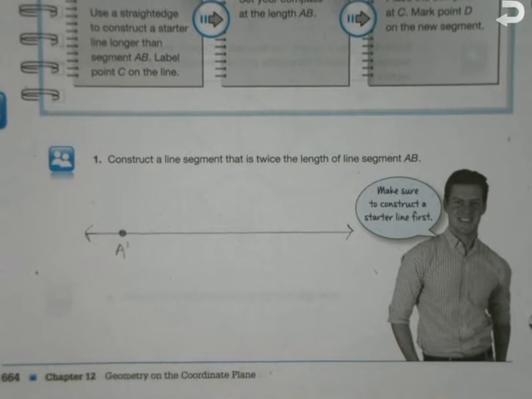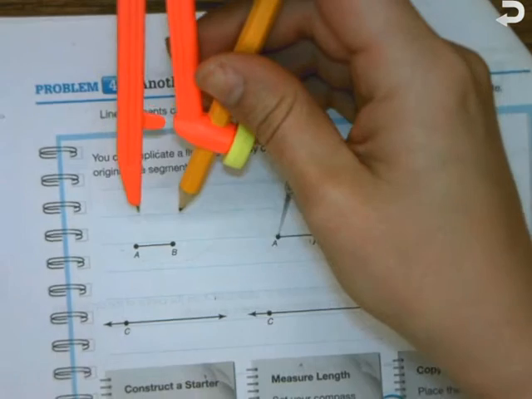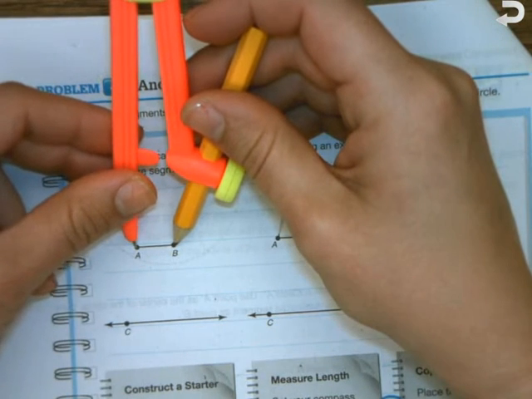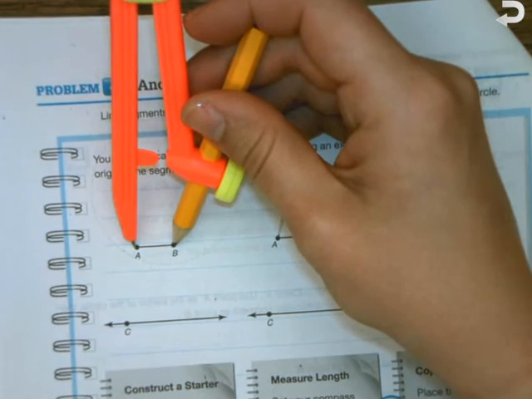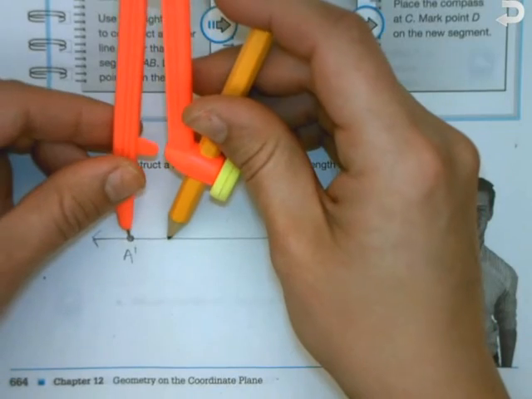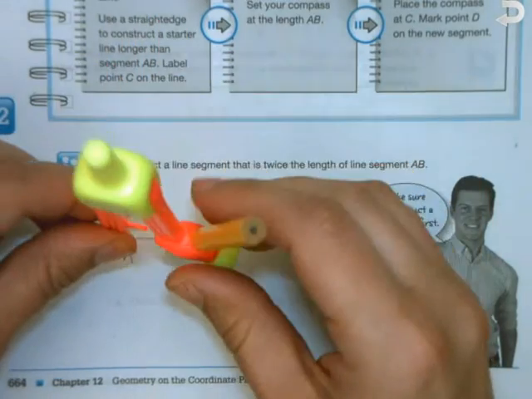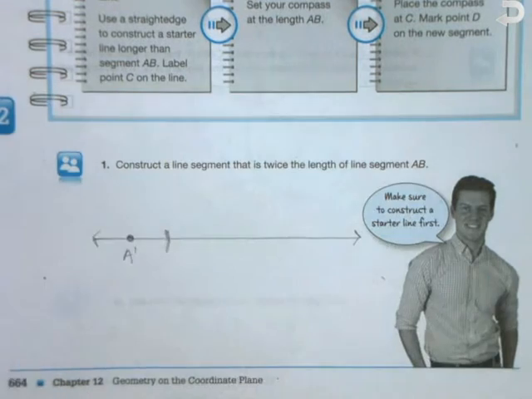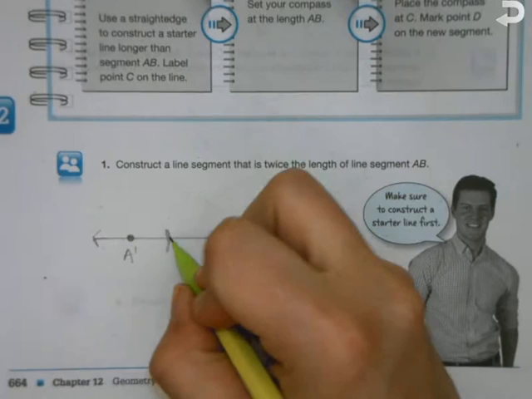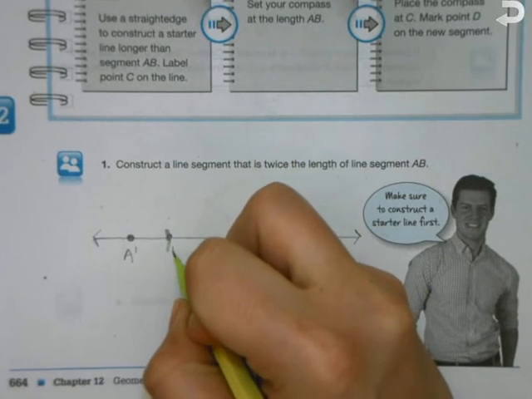So copying the segment AB should be easy, right guys? You put your compass on AB, so we know it's the same length as AB. And then put your compass on point A prime and draw an arc. And where those two intersect, put a point and label it B prime.